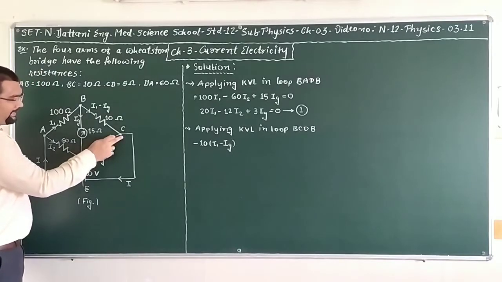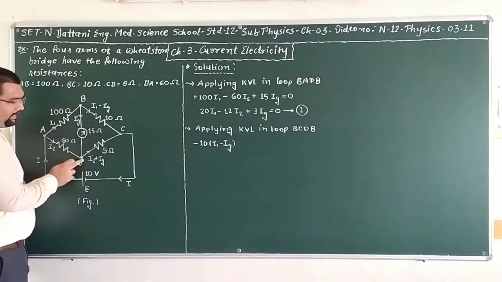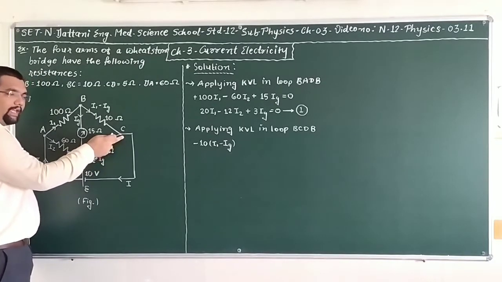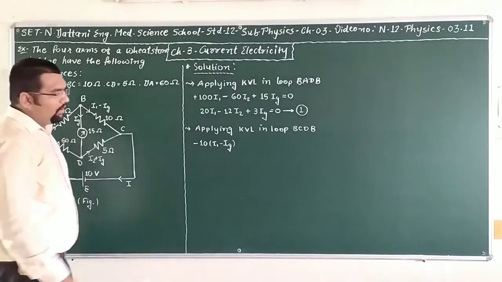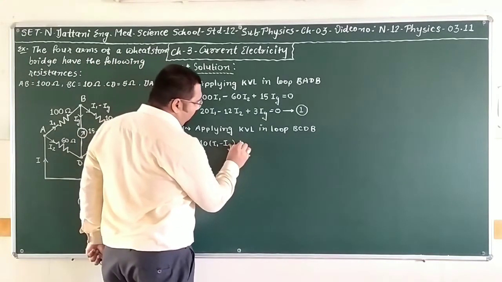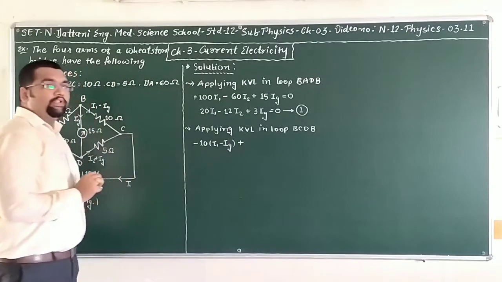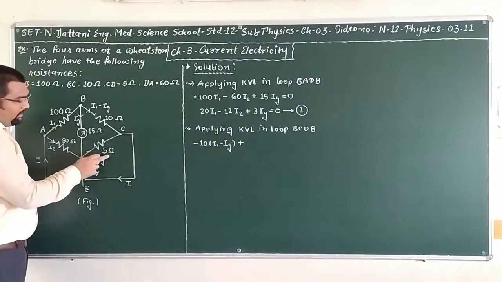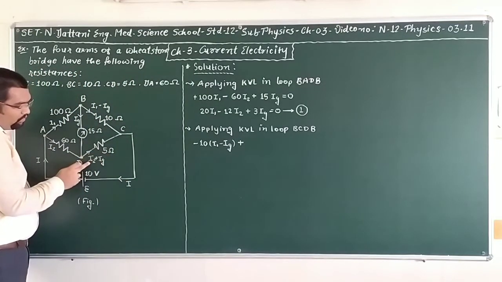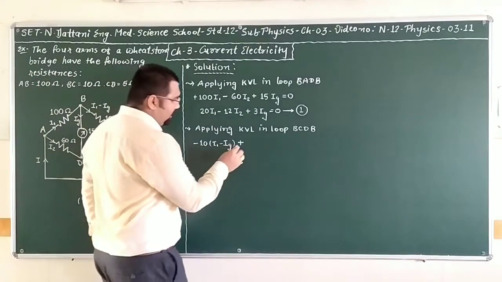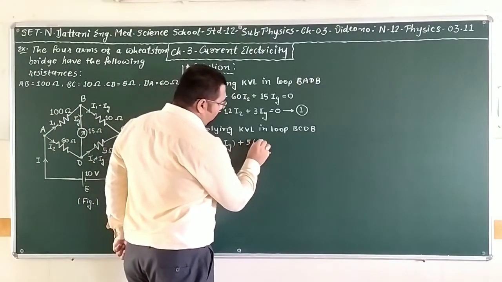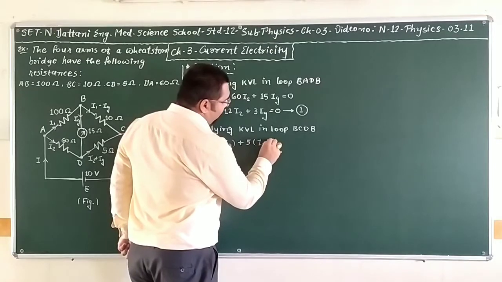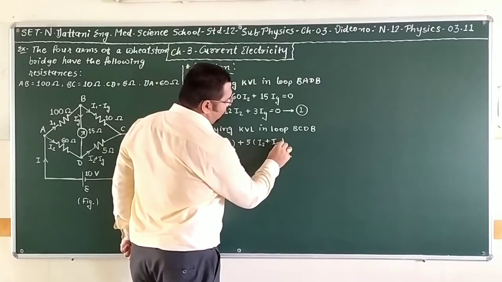Now we go from C to D. Here current is from D to C and our direction is C to D, so both the directions are opposite. So we are taking a positive sign and the voltage is 5 into I2 plus Ig.